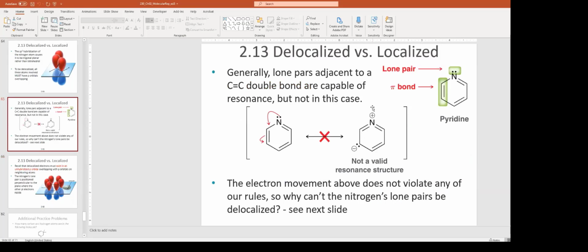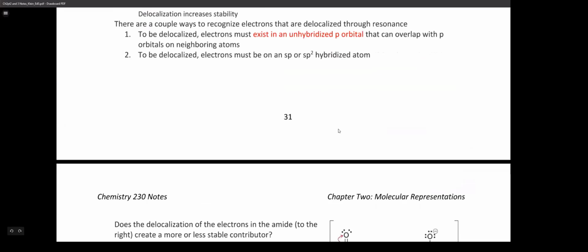What resonance structures could I draw, though? I couldn't draw this, but I could push these electrons here, and then these here, and then these here, just like benzene. So what would certainly be valid then would be this.